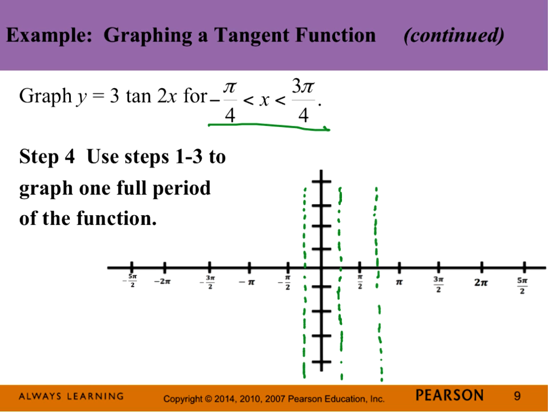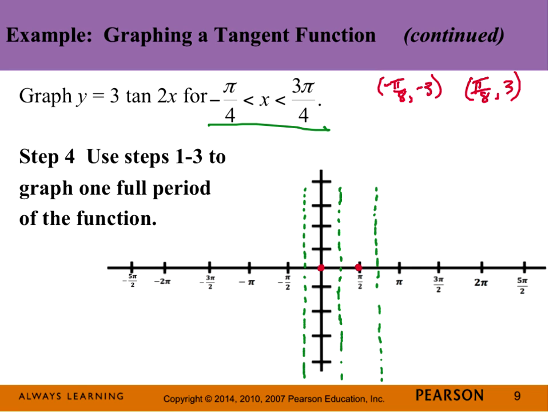All right, so I know I have x-intercepts at 0 and at pi over 2. And then I found, remember I had the 2 points, negative pi over 8, negative 3, and pi over 8, 3.